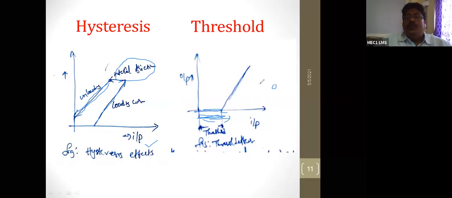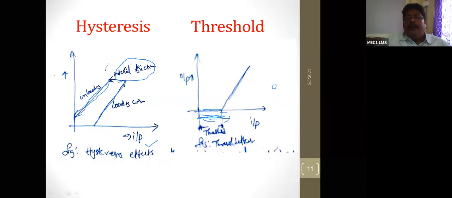Dead zone means I said it to you clearly 2 times, right? So what is a dead zone here? Hysteresis is the part of the dead zone. Dead zone means, in other words, in the hysteresis also there is no output for starting input values.